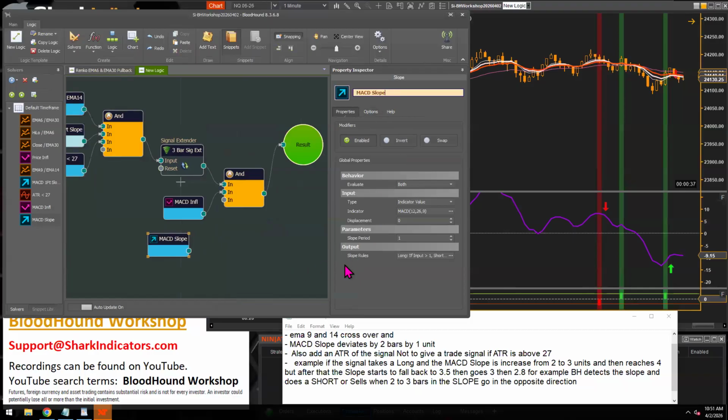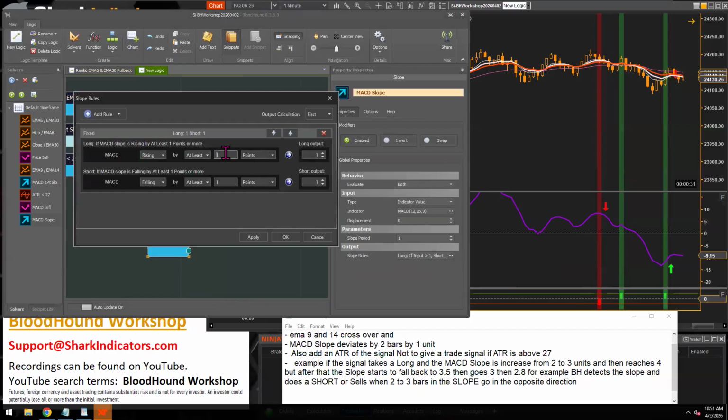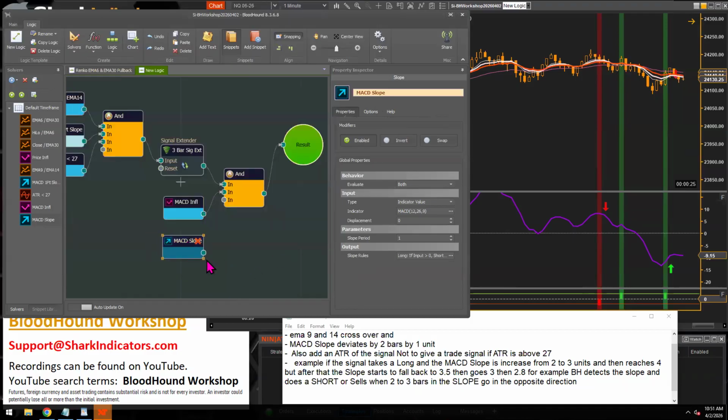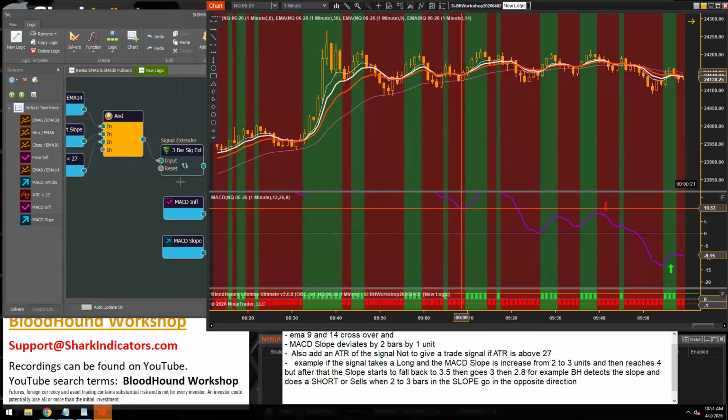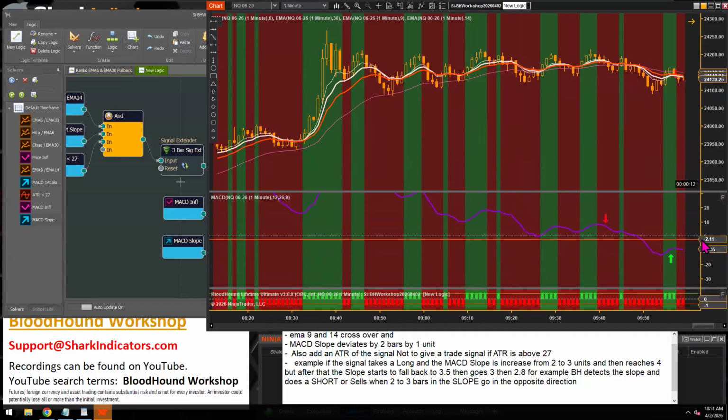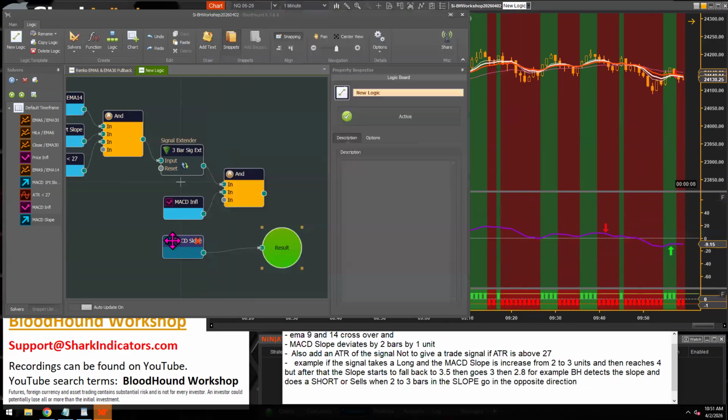And so that means we also need to go into the slope rules and take out that 1 point requirement, like so. There. So if we take a look at this, this is just simply telling us there's always an output, because the MACD is always sloping some direction. So there we go. So we always have an output now.